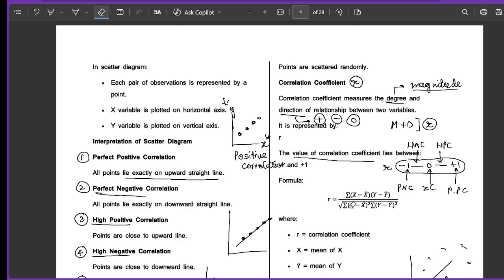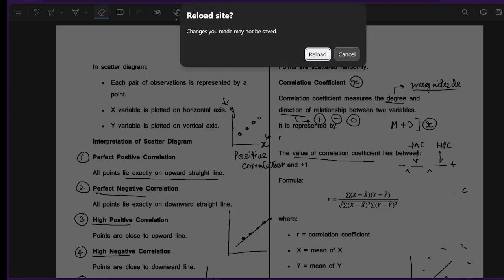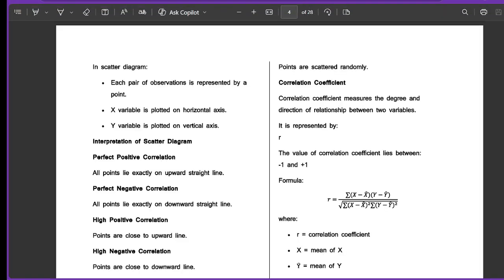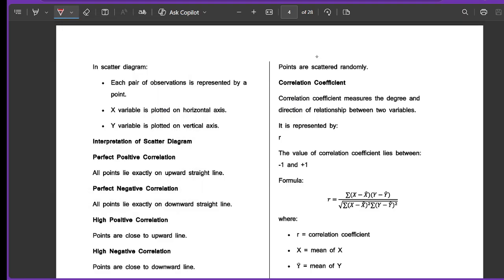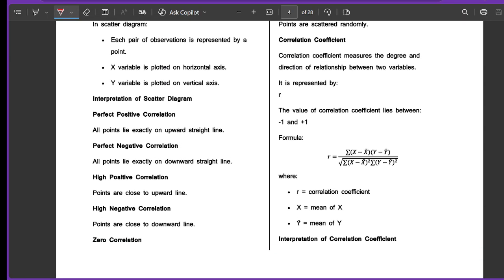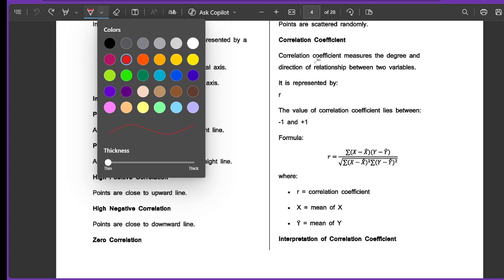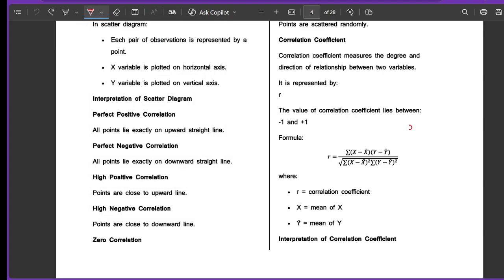Now the formula to calculate the correlation coefficient has been given here. So let's try to understand the formula. The formula is quite simple. As I told you, even in the numericals, they will provide you two data sets. One of them will simply represent the variable x, while the other will represent the variable y.